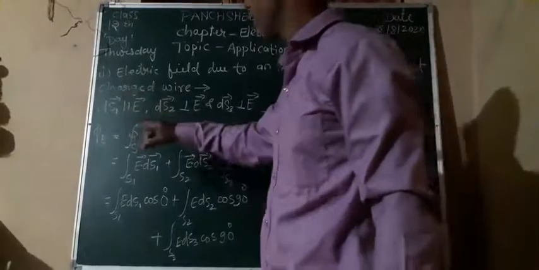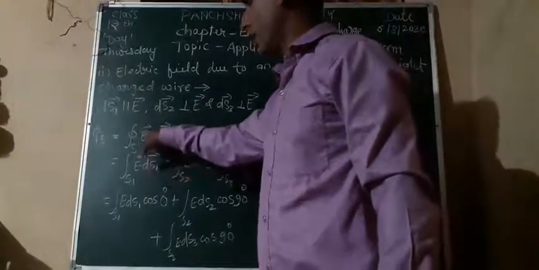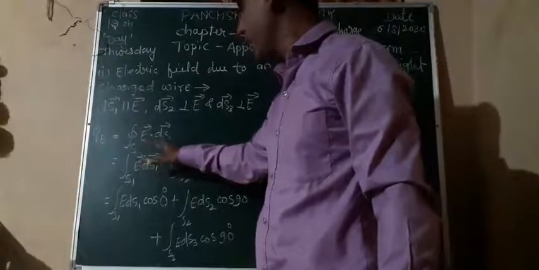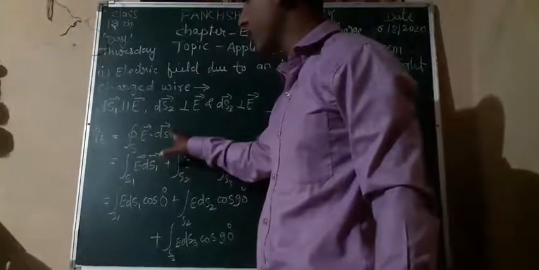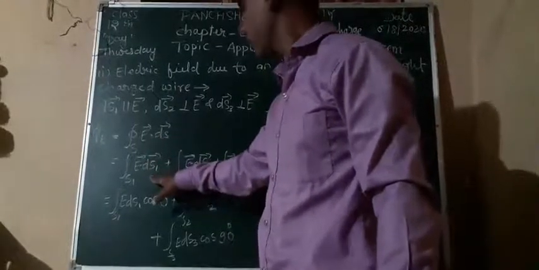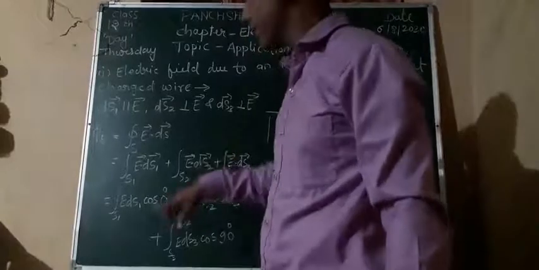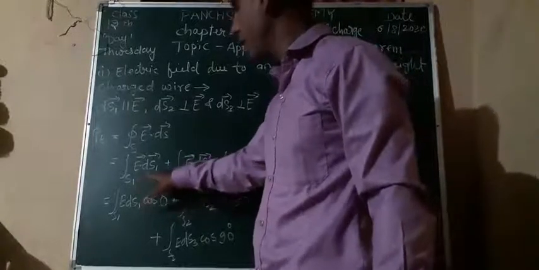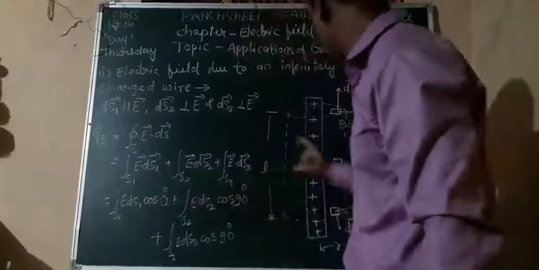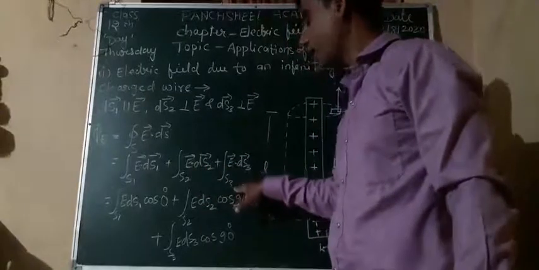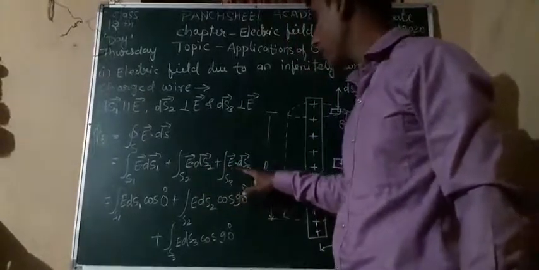Now later on we apply Gauss theorem. So phi equal to the whole integration over the closed surface S of E vector dot ds vector. So this is the dot product, and in terms of various surfaces, integration of first surface E dot ds1 plus integration of second surface E dot ds2 plus integration of third surface E dot ds3.